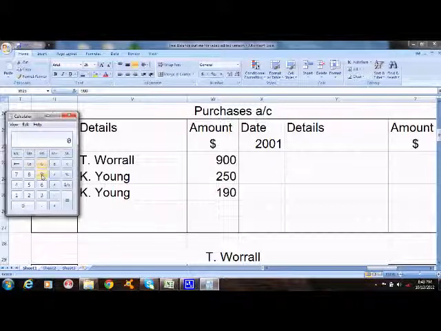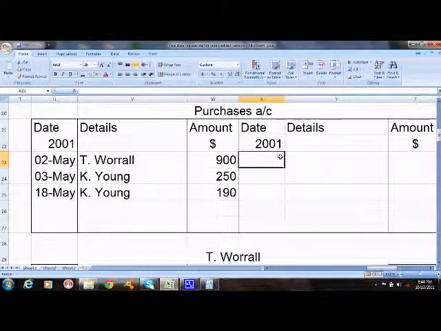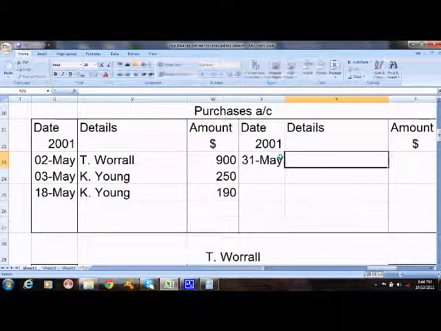We're going to have 900 plus 250 plus 190 equal to 1,340. This 1,340 now is the balance. So we're going to carry it over here because there's nothing over here. This is May 31. Balance what? CD.